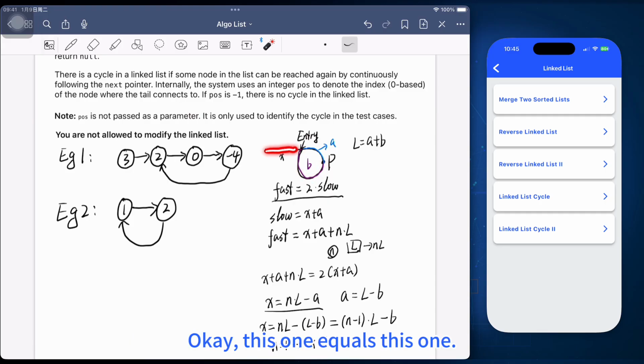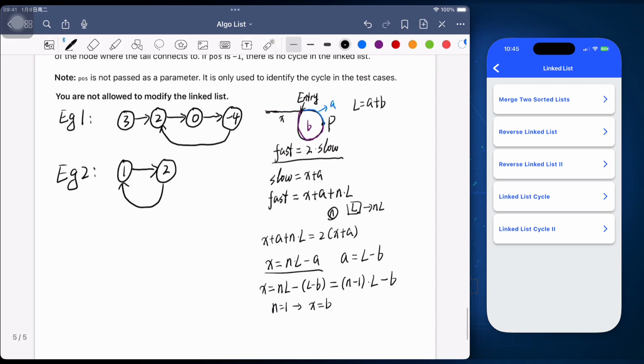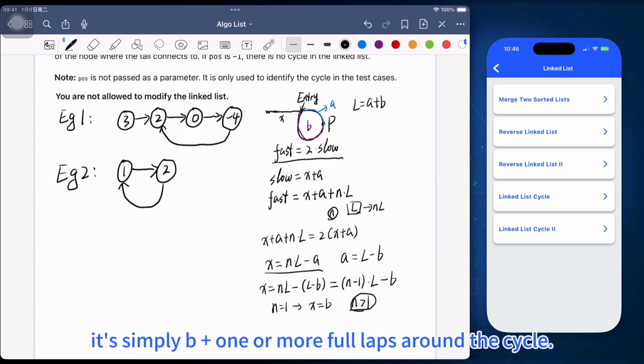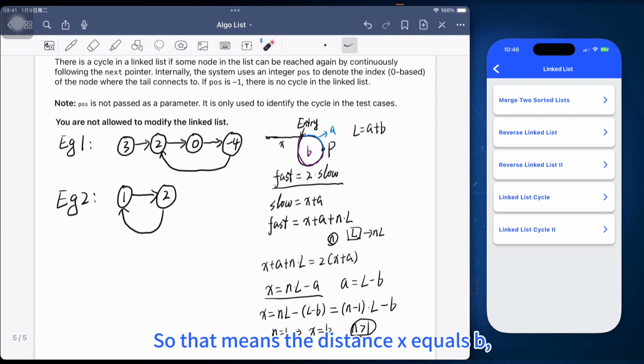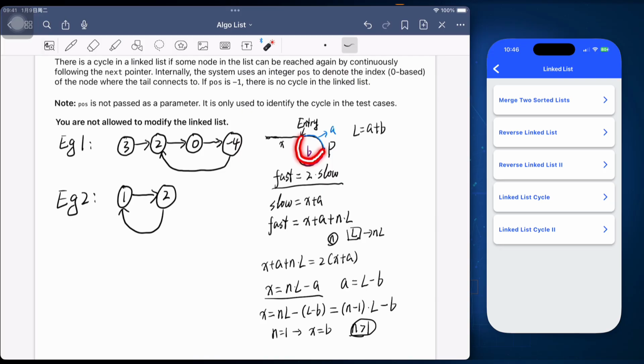Okay, this one equals this one. For the case when n is bigger than 1, it's simply b plus 1 or more full laps around the circle. So that means the distance x equals b plus 1 lap or multiple laps.